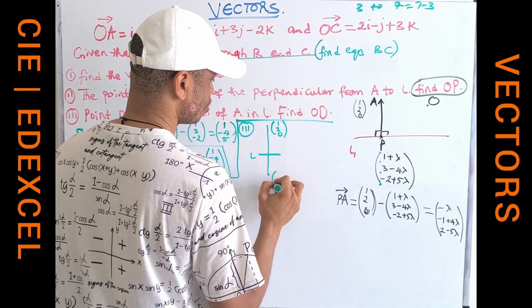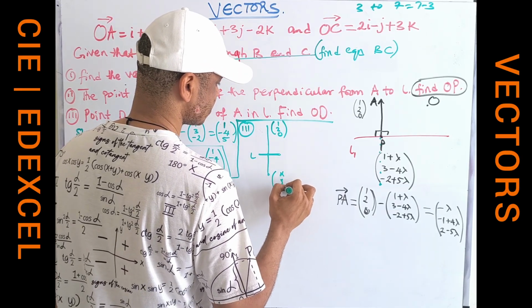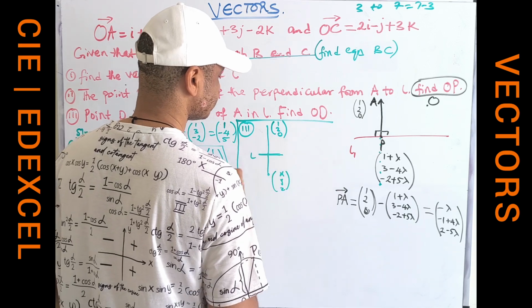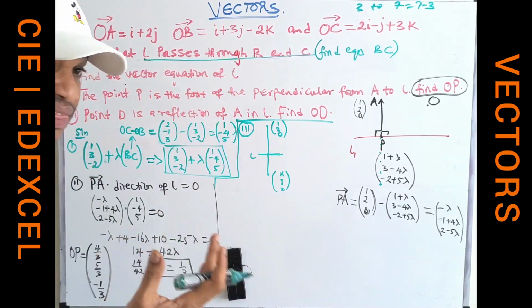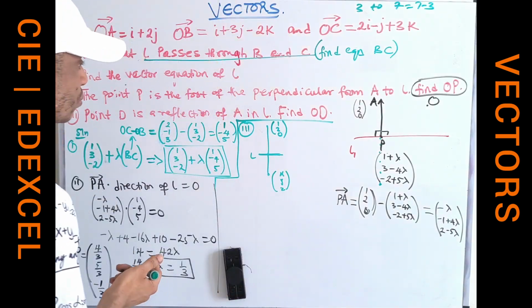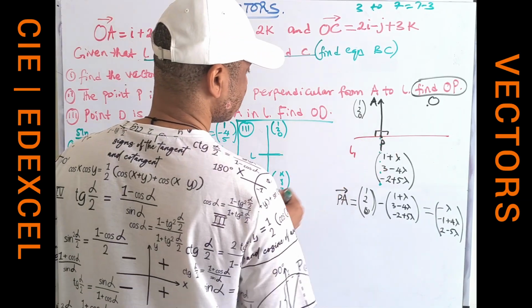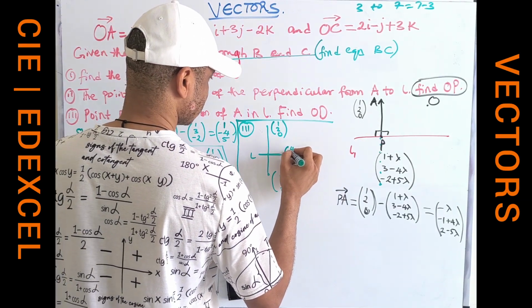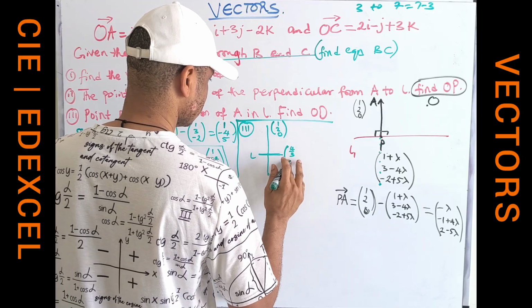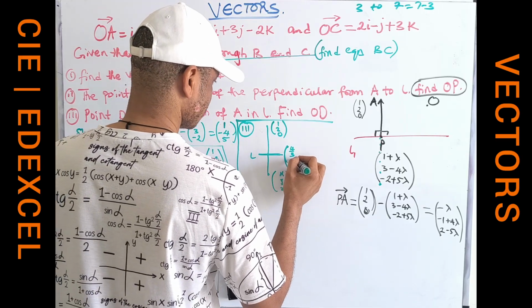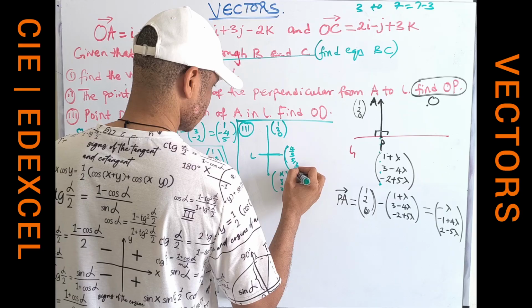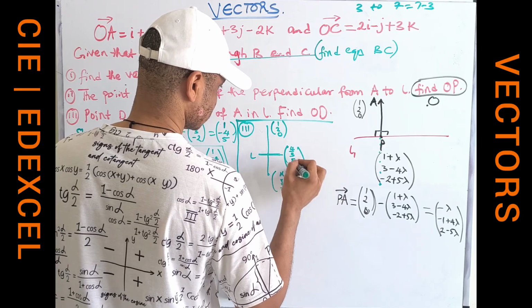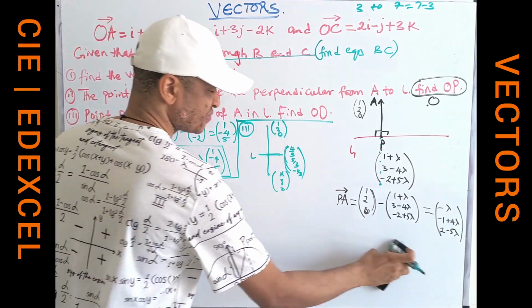L is here. You need X, Y, Z. Remember this is 3D, okay? You already know what P is. P is 4 by 3 and 5 by 3 and minus 1 by 3. That's P.